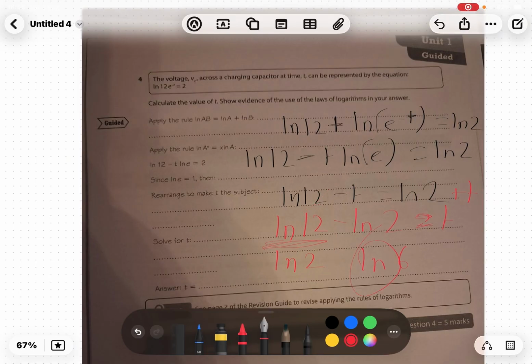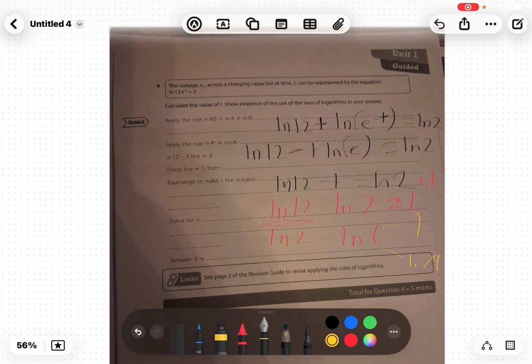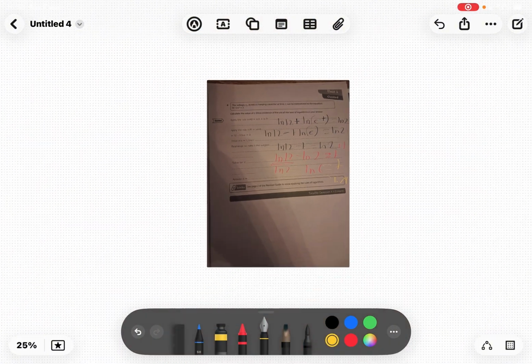It's not going to be squared or something. So that equals t. After that we find the number for this, and it is 1.79, and there are no units, so that's how you do this question.